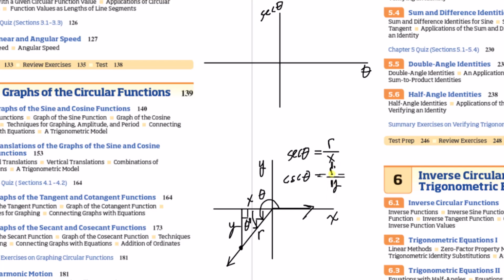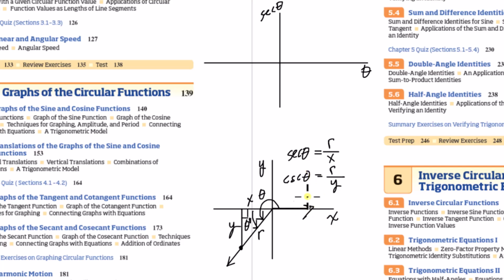So some finite positive number divided by a really small positive number, that's asymptote behavior. That's going to infinity. So we're going to see asymptotes with secant and cosecant, just like we saw with tangent and cotangent. But there were no asymptotes with sine and cosine, right? And with asymptotes, as we know, secant and cosecant are undefined at certain quadrantal angles.